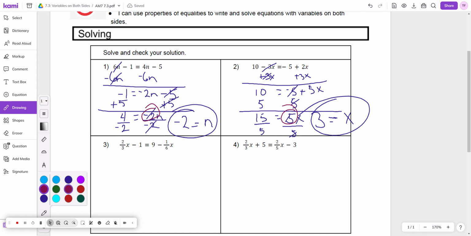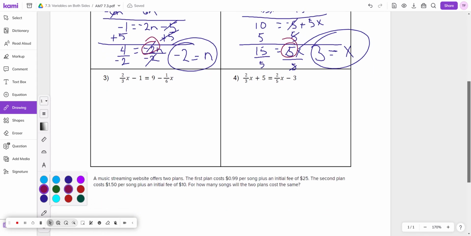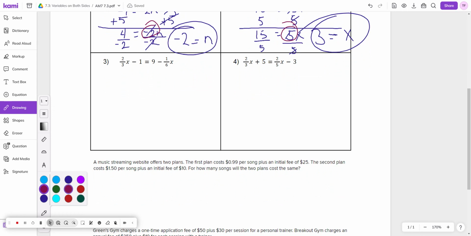I'm more likely to end up with a positive coefficient, so by moving the smaller one, you're less likely to have to deal with negatives. My recommendation would be to move the smaller of the two. But at the end of the day, it's your choice. You get to choose.